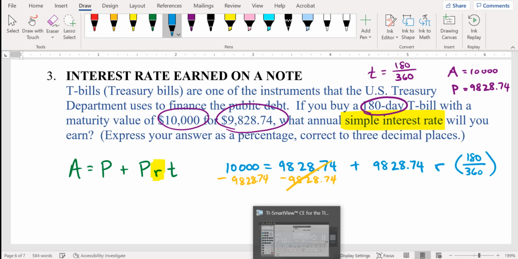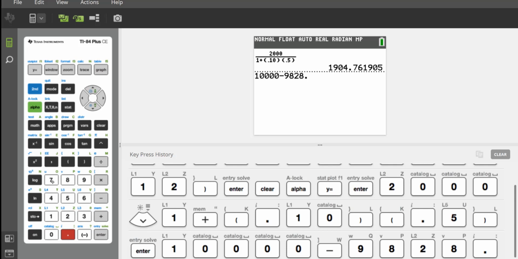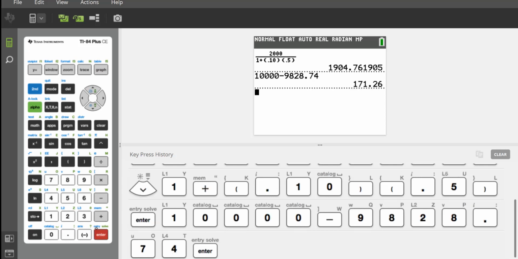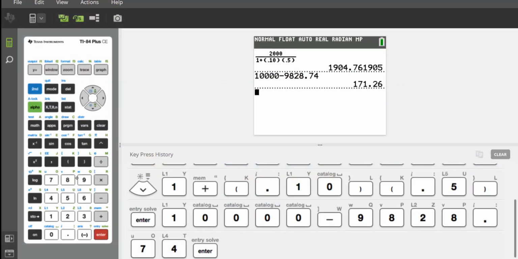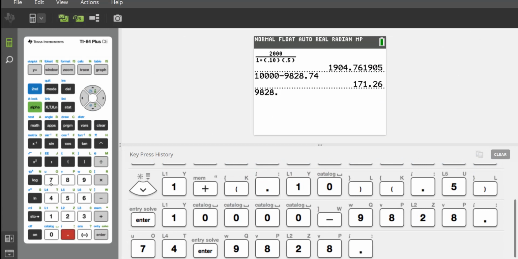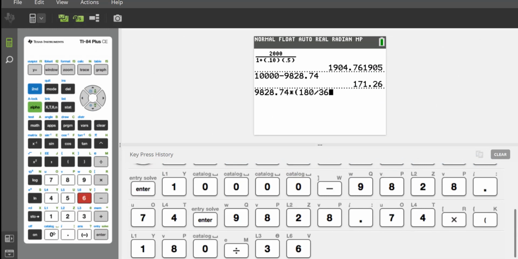Okay, 10,000 minus 9828.74 is 171.26. And that's going to equal 9828.74 times 180 over 360, which is 4914.37.